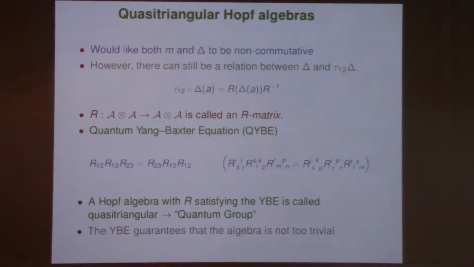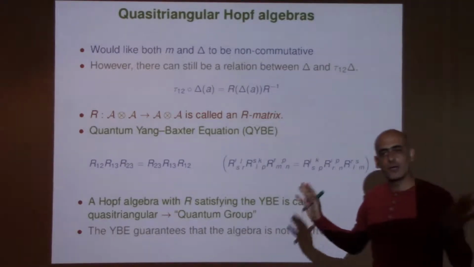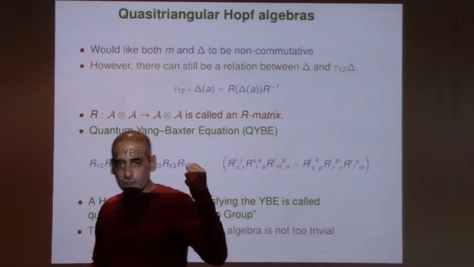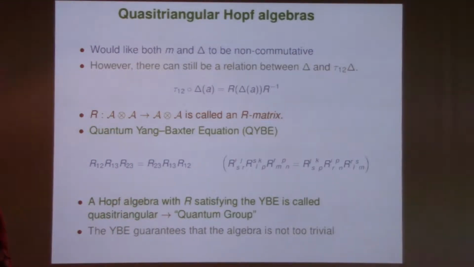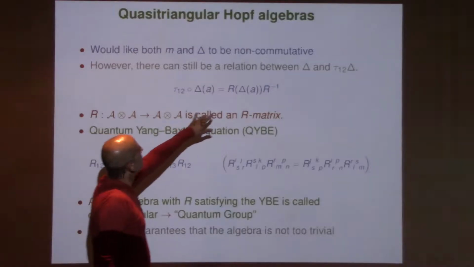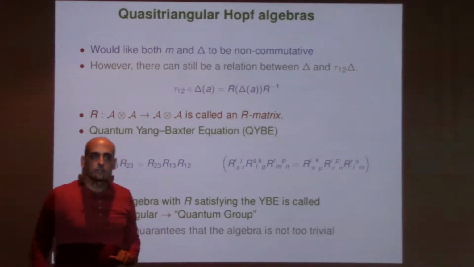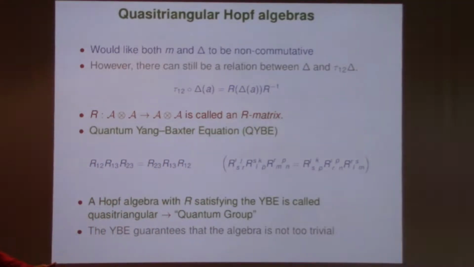And that's somehow what colloquially we call a quantum group. So basically all I've done is what Fernando was asking earlier. I take an algebra and I just find a new coproduct which is not co-commutative. If exchanging the coproduct can be done by conjugating with a matrix, and that matrix satisfies this relation, then I have a quantum group, a quasi-triangular Hopf algebra.